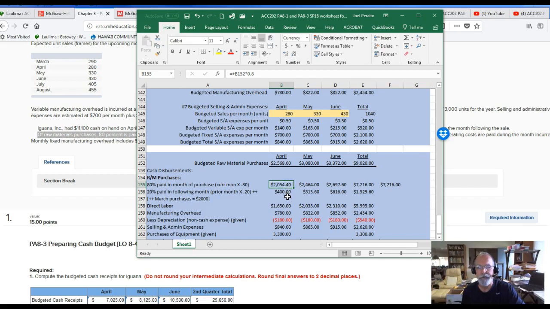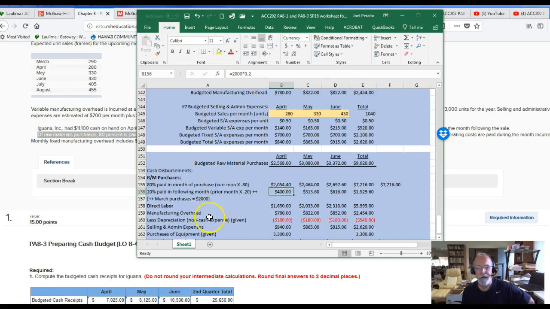So we have 80% of this month plus 20% of the previous month, and that calculation is repeated for May: 80% of May purchases plus 20% of April purchases. And for June, 80% of June purchases plus 20% of May purchases. So we have calculated the 80% payment and the 20% payment for material purchases.